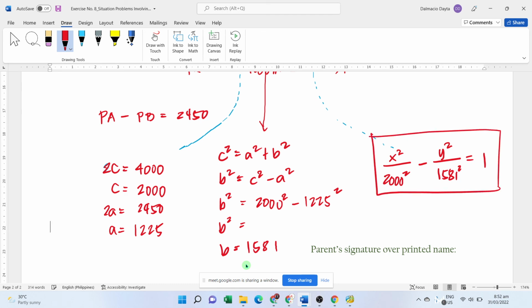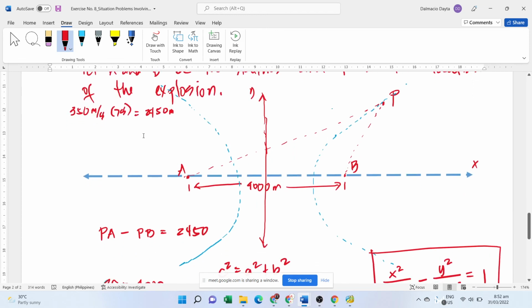That is our answer, and that is the illustration of all the possible points.